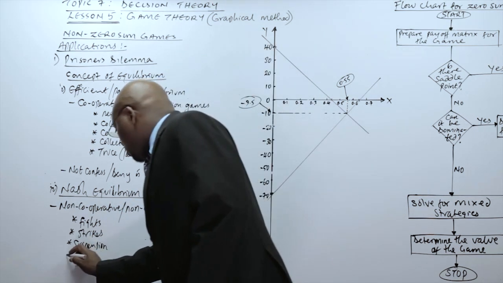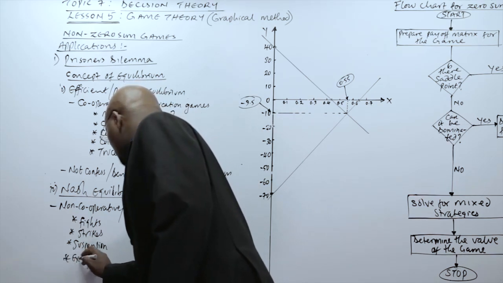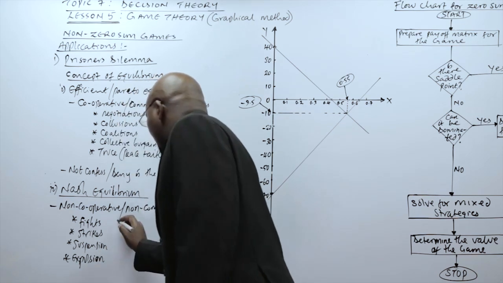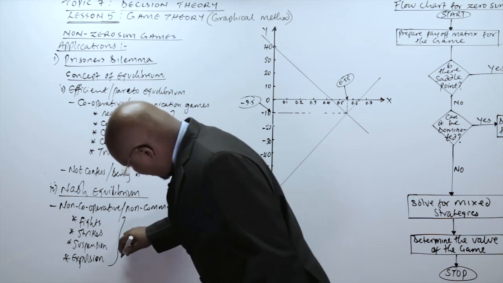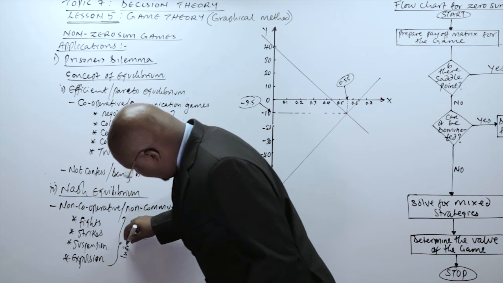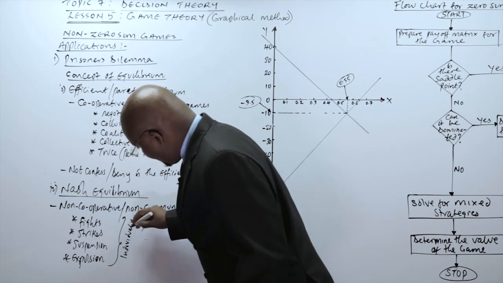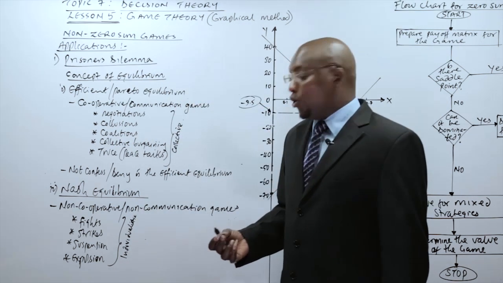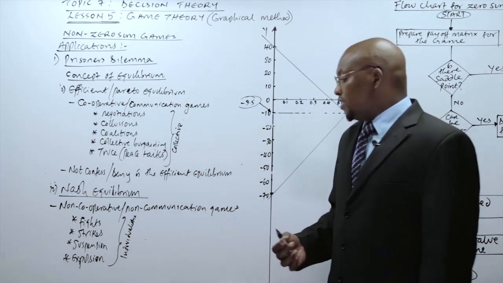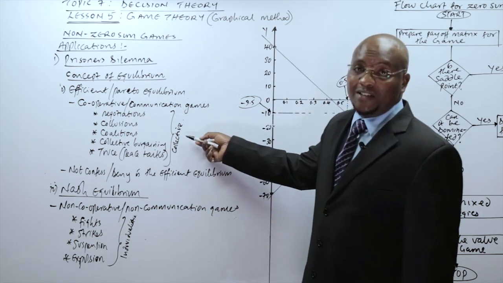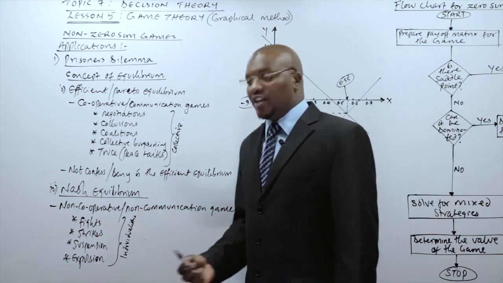You can have expulsion, etc. Now, these ones are individualistic in nature. This is where you play on your own. You don't negotiate, you don't agree with the other player, unlike these ones which are collective in nature. So this one you don't negotiate.